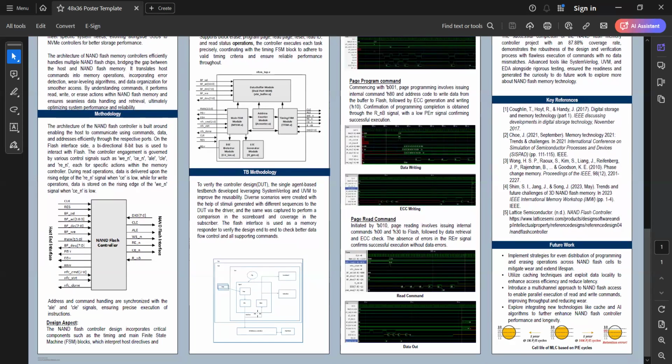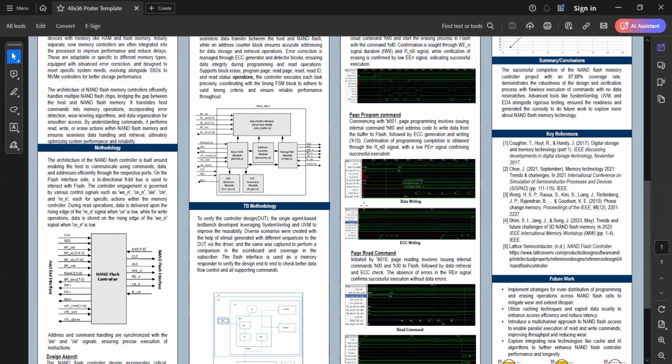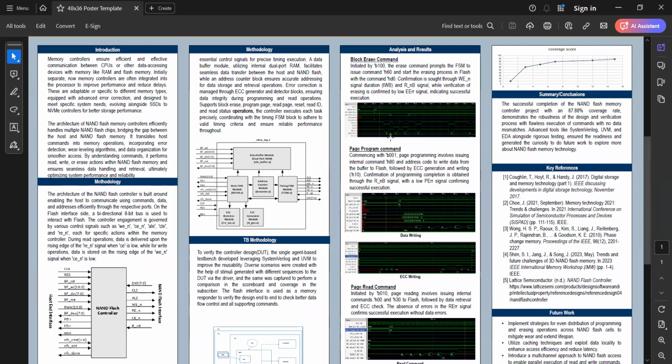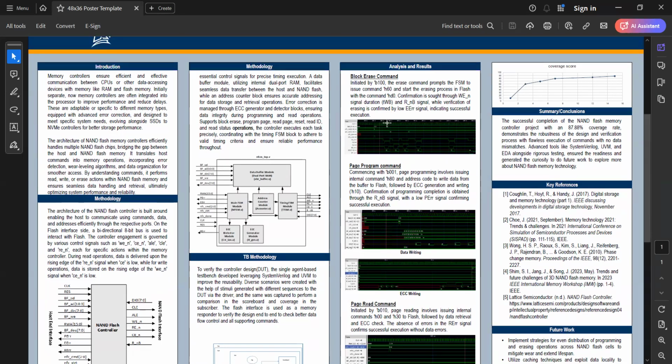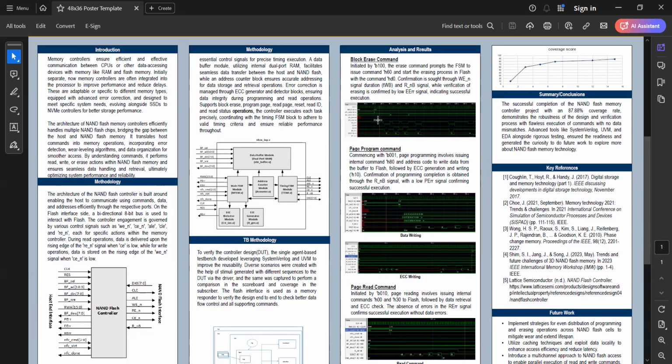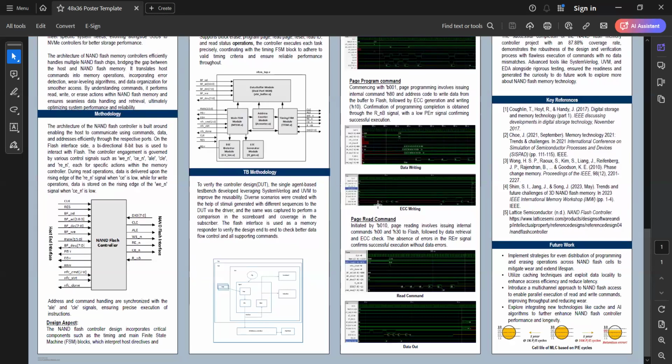In order to verify the data flow, we also attach this flash interface so that our supported commands can be verified correctly. Now, in the results section, different commands are shown, like block erase, program, and read commands.